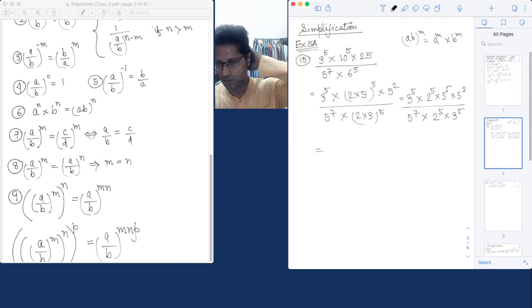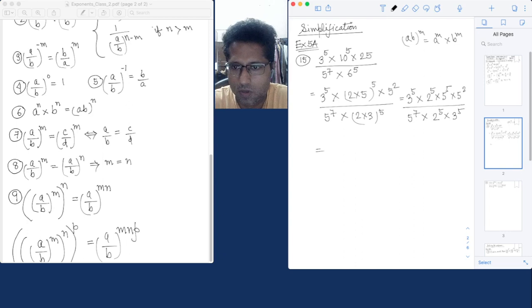Also in the denominator we have bases 5, 2 and 3. We have to cancel all the exponents having the same base. So clearly 3 to the power 5 cancels out, it is in the denominator and also in the numerator. 2 to the power 5 is also in both, so it cancels out.